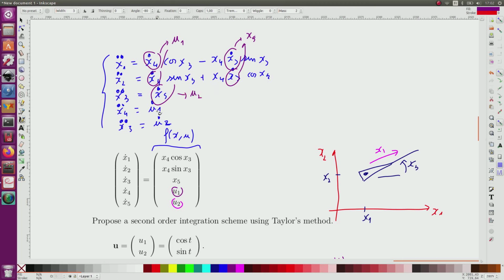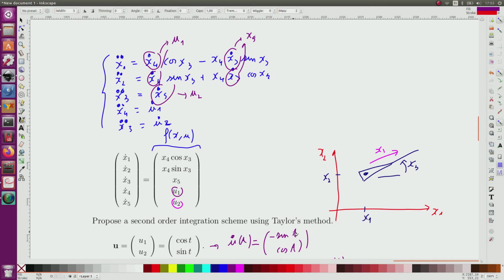And I cannot replace u dot 1, u dot 2, except that from here I know that u dot of t is equal to minus sine of t, cos of t.